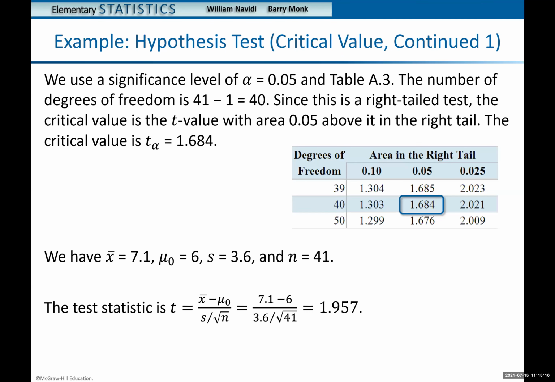So to compute for your T, you have to use this formula: sample mean minus the population mean over standard deviation over square root of n. That's why we got 1.96 when you use your graphing calculator.